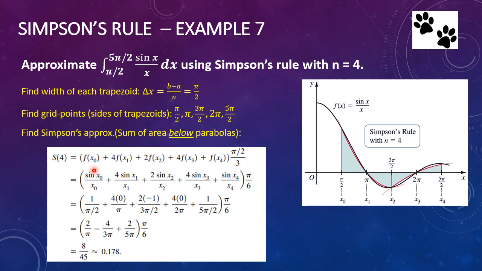So remember, we need to plug in those values. So we get f of x sub 0. X sub 0 is pi over 2, so we get sine of pi over 2 over pi over 2.